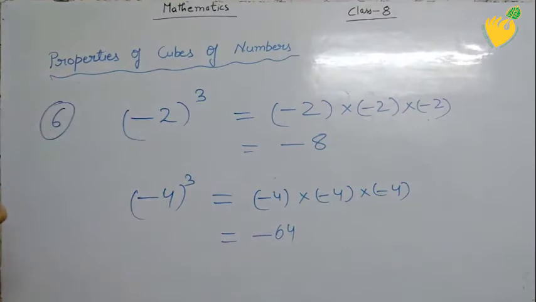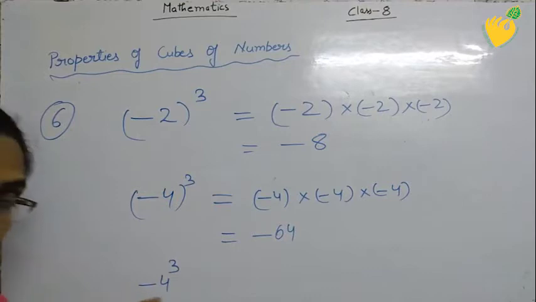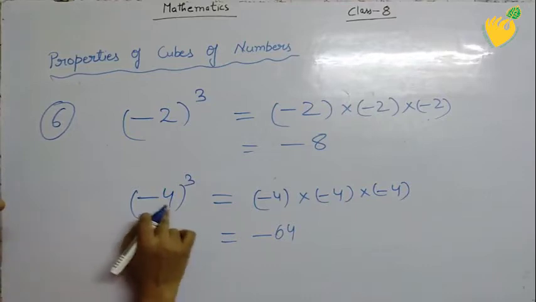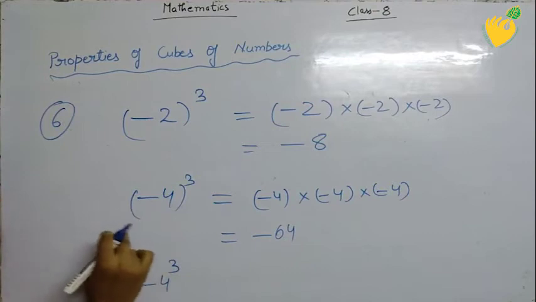So the answer is minus 64. Students, one more thing I would like to tell you: if it is minus 4 to the power 3, here the sign will be negative, but the power is not only on the negative sign. Here the power is on the negative sign and on the number 4 also.